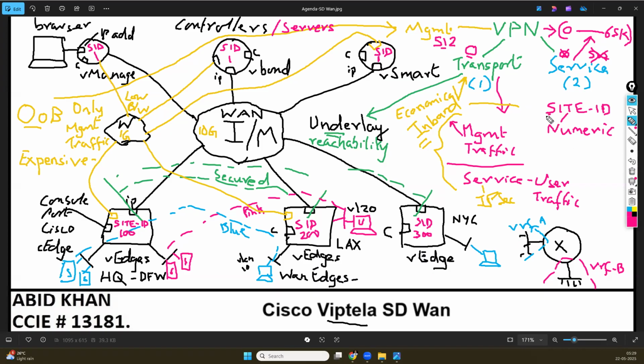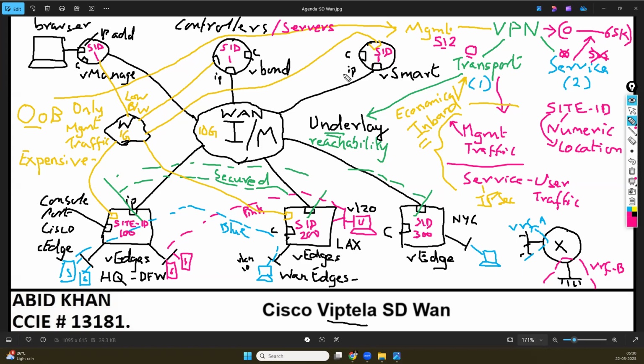Site ID is just to identify a location. This location need not be physical. We are just giving an identification to the location. So even if they are in the same physical location, they can still have different site IDs, or I can keep them the same also.